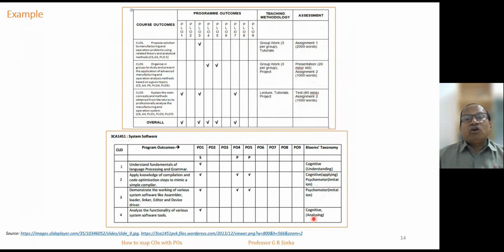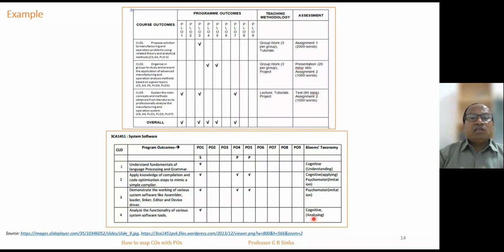But you will have a separate document reporting that in terms of that assessment tool, say presentation, say quiz one, how the course performance was there. And you will bring that summary here, that in terms of assignment one, or in terms of quiz one, the performance of course outcome indicates that this course outcome is mapped with the program outcome in this particular manner. This is how you can evaluate.